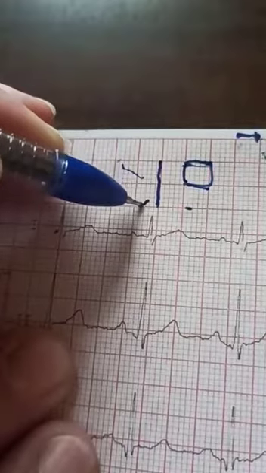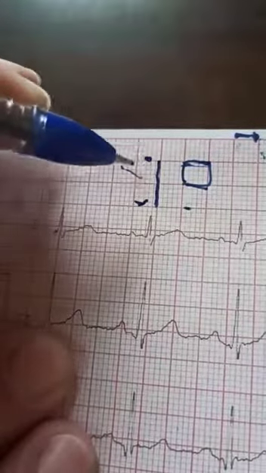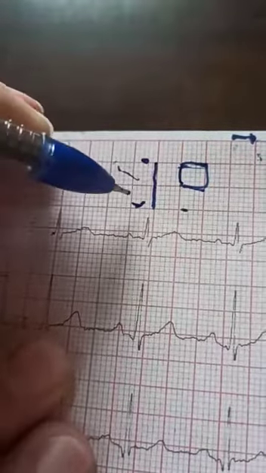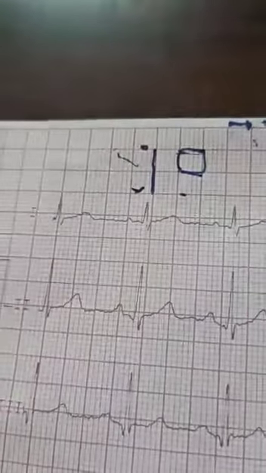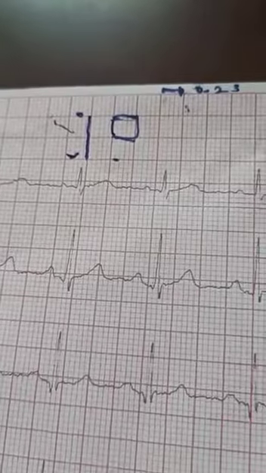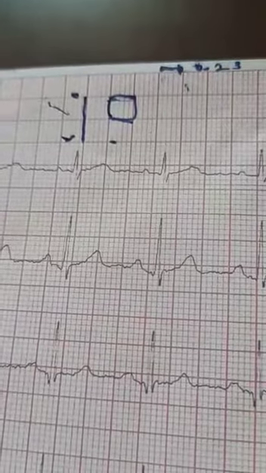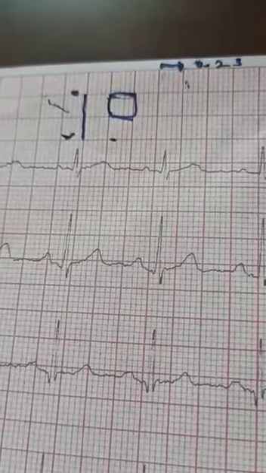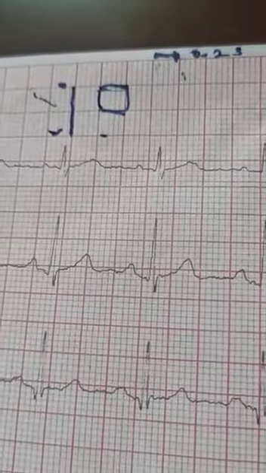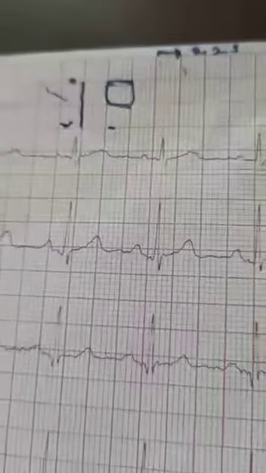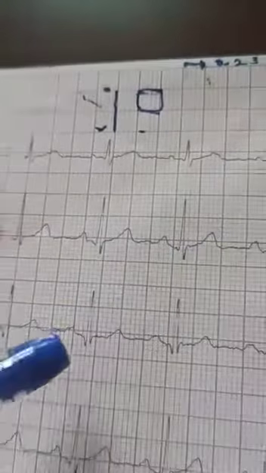That means from here to here, these are the 10 small squares, and it is equivalent to 1 millivolt. Now this ECG machine has a standard speed of 25 millimeters per second normally. So the machine covers the distance of 1500 millimeters horizontally like this in 1 minute.